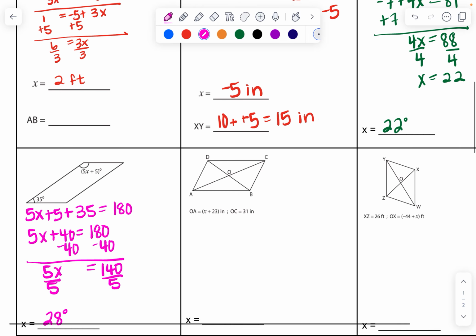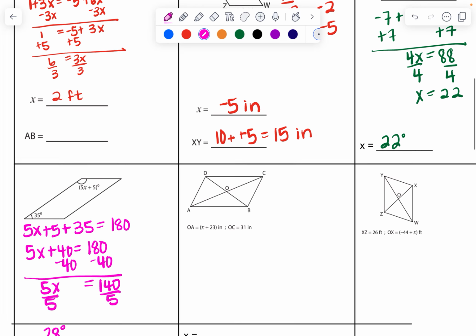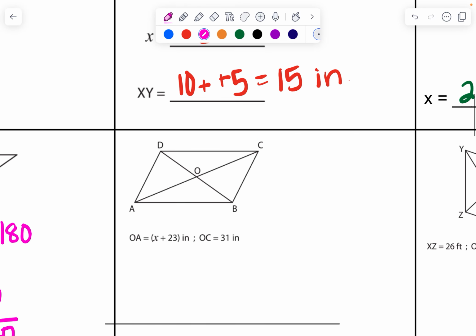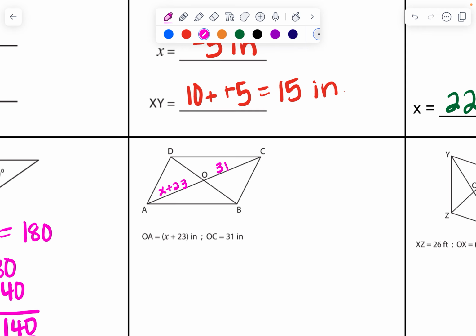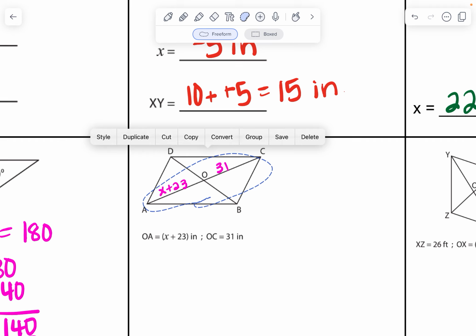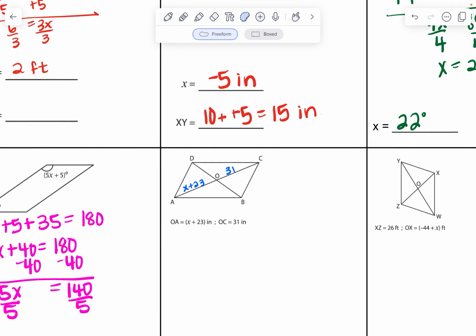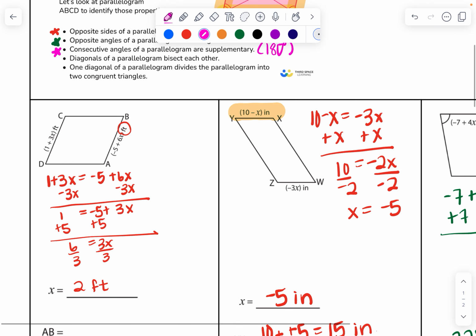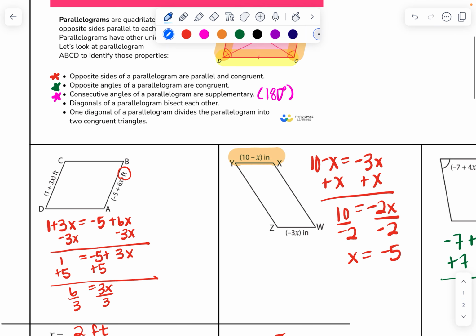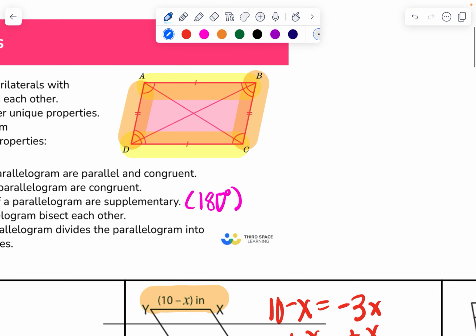So here, this one I know is dealing with diagonals because they have the diagonals drawn in. They're telling me that OA is x plus 23 and OC is 31. Let's go back and look at our properties and see which one deals with diagonals. It tells me up here, diagonals of a parallelogram bisect each other.